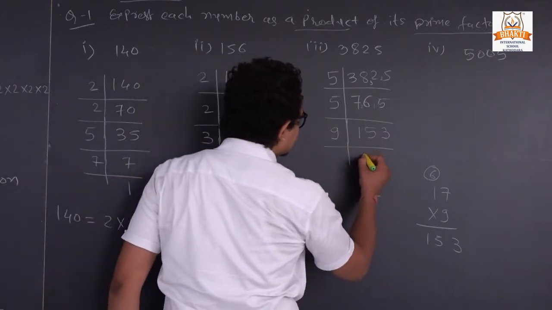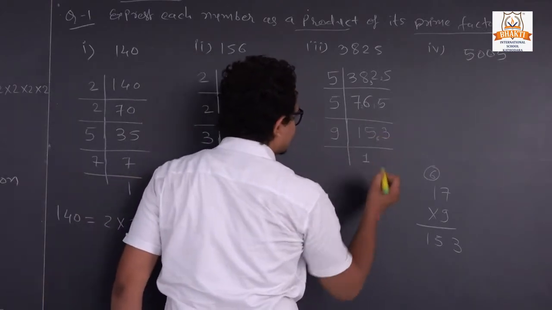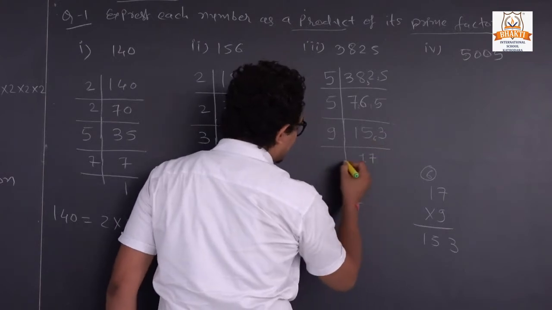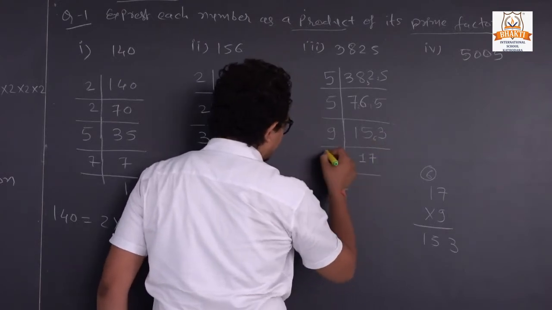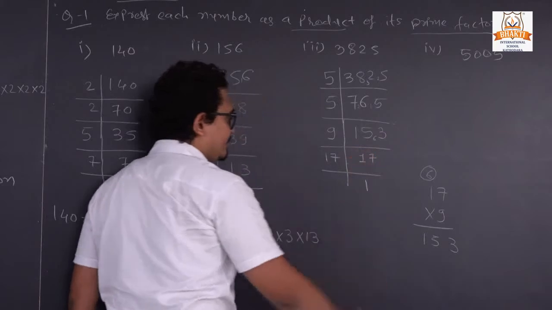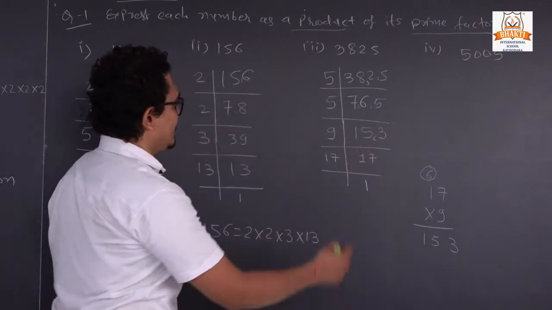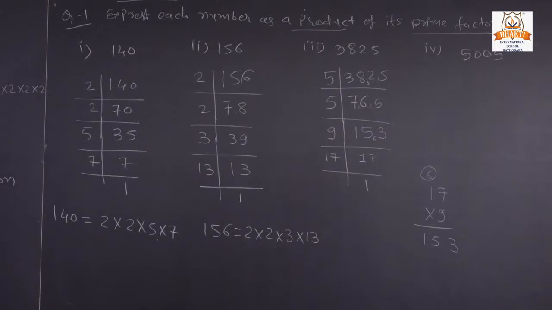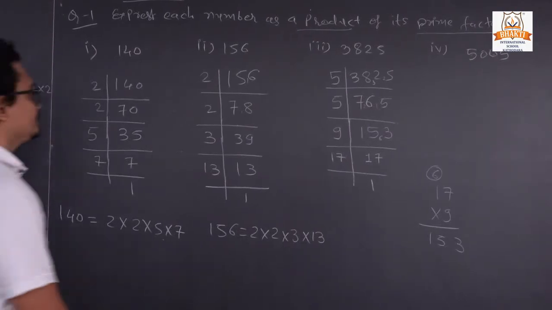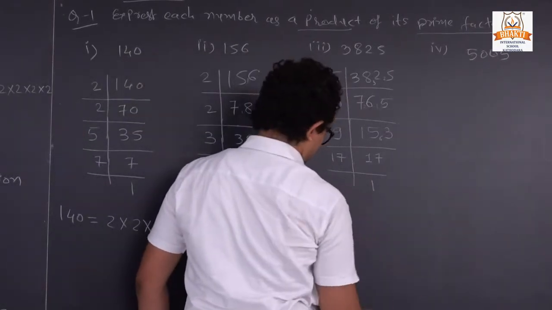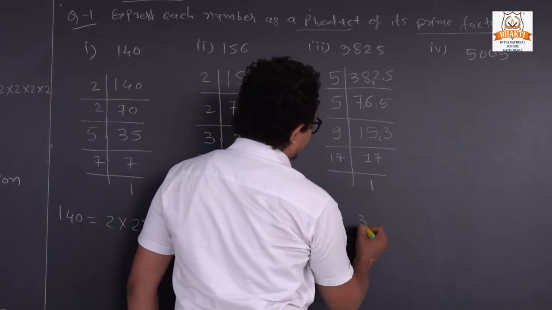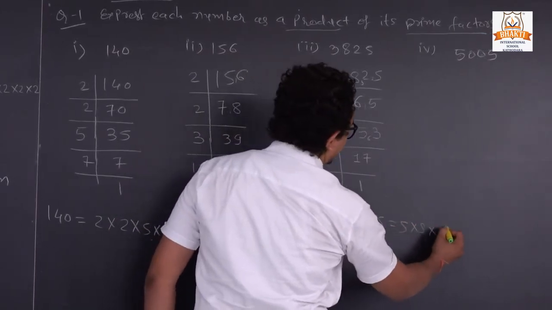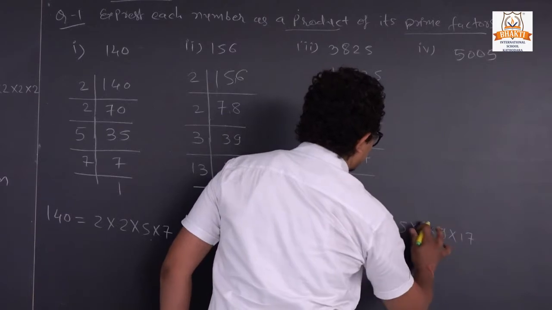So 9 1s are 9. Here we have a 6. So 9 7s are 63. Now 17 1s are 17. So what are its prime factors? So the prime factorization of 3825 is 3825 equal to 5 into 5 into 9 into 17.